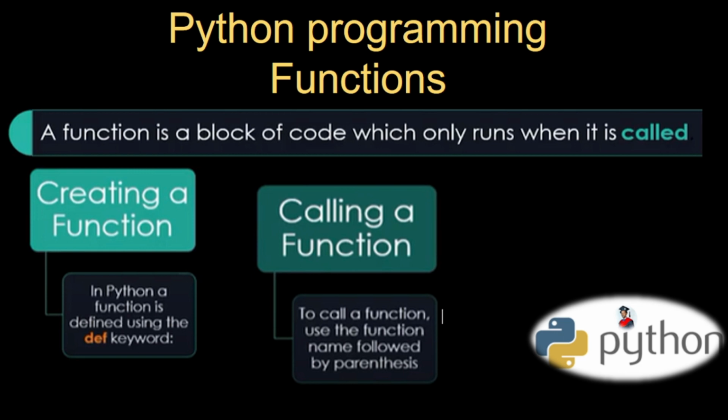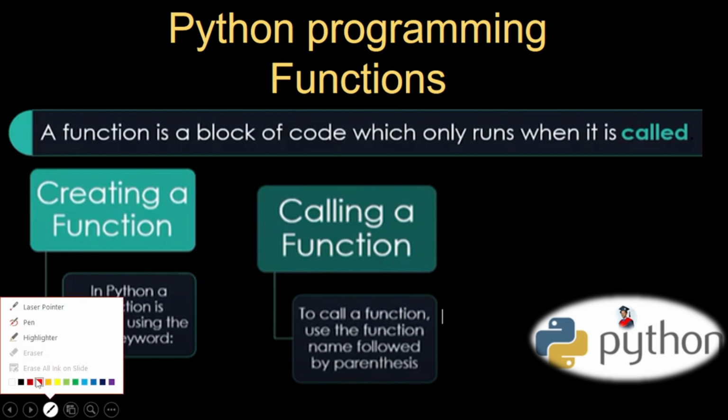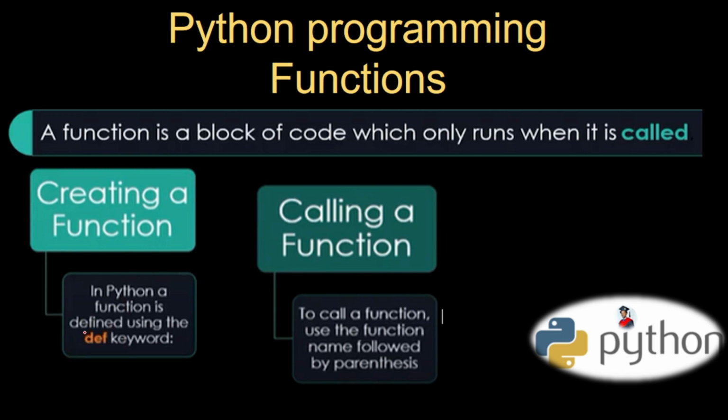So when we create a Python function, we use the def keyword to introduce it to the interpreter. The def keyword is first, then the function name, and within parentheses maybe a list of parameters.